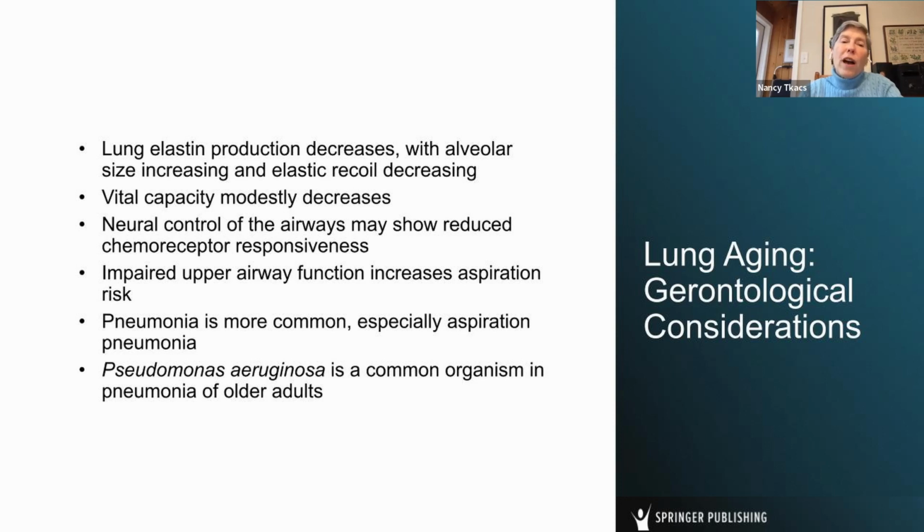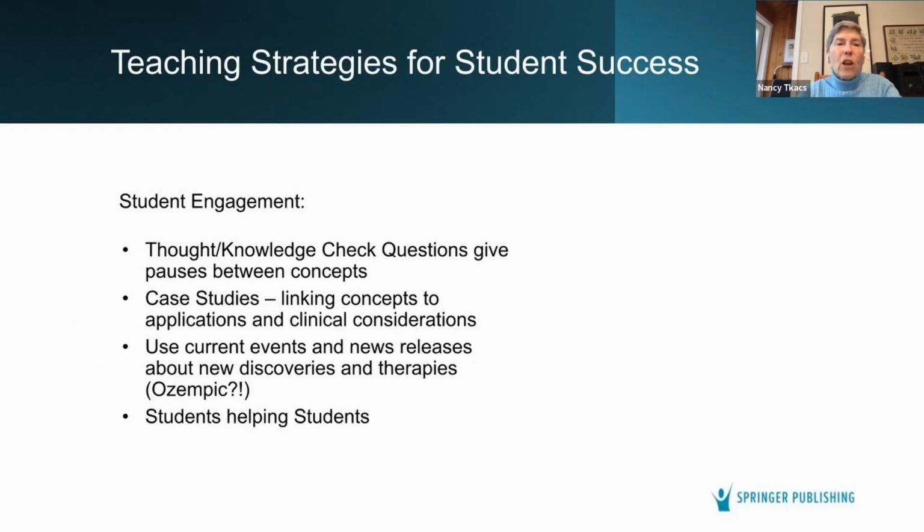Modest decrease in vital capacity. There might be some decrease in upper airway responsiveness, greater risk of aspiration pneumonia, which tends to be much more common in older adults, especially with Pseudomonas aeruginosa. And so there are age-related concerns as well. So that's the way I chunk and teach the concepts of lung function.